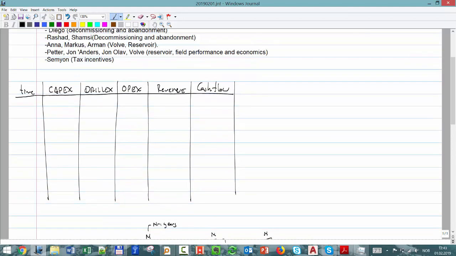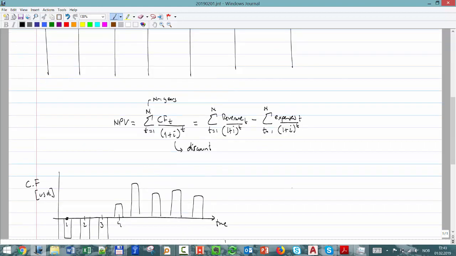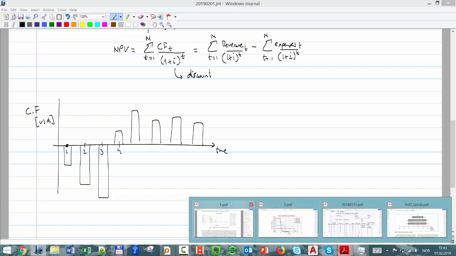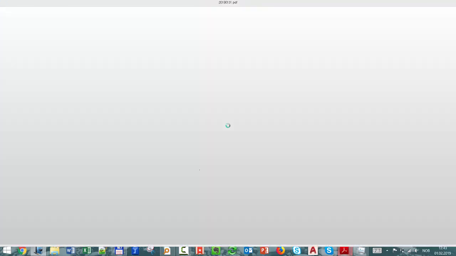We said we use sometimes the cumulative cash flow, where we actually are summing up for every time all the cash flow from the previous years. Okay, and I think we have done a figure on that yesterday.